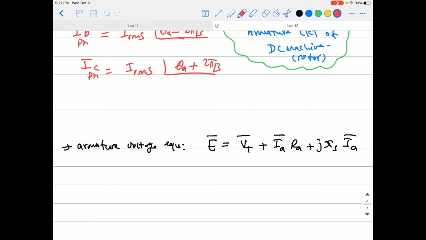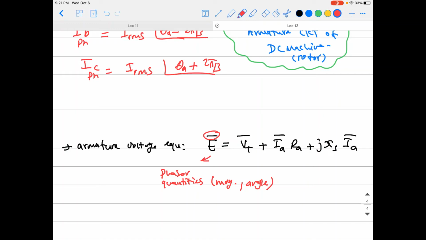Okay, why do I have these dashes here? Because all of these quantities are phasor quantities. That means each one of them has magnitude and angle. Why? Because they are all AC quantities. Keep that in mind. It's a major difference here, guys, compared to DC machines.